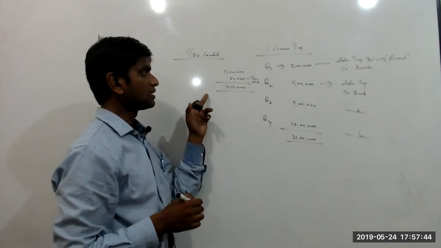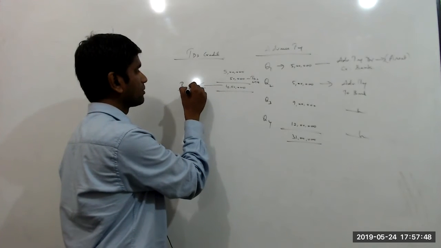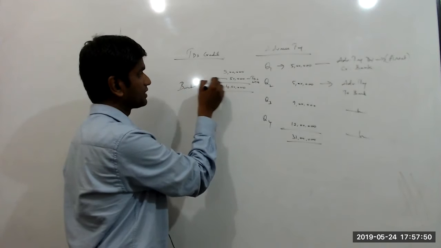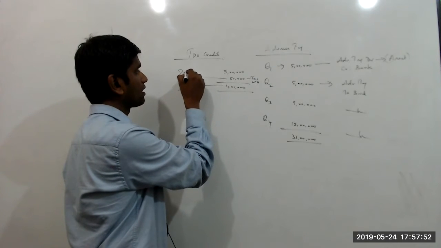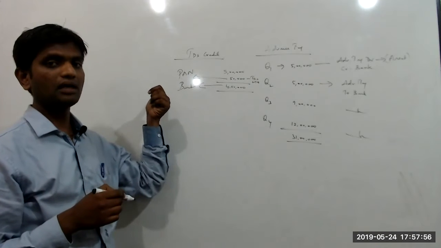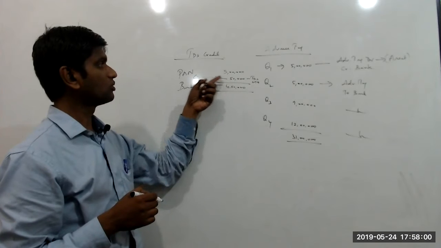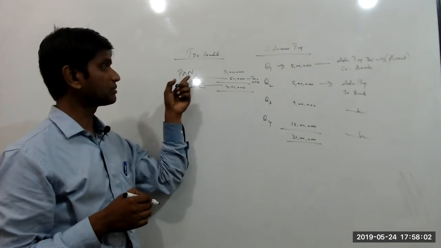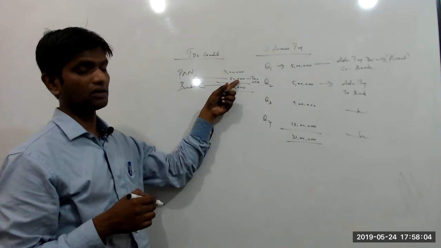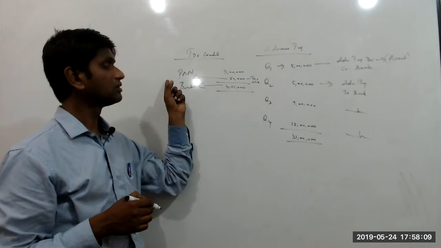So in this case, the vendor is receiving 4,50,000 to his bank account, as well as 50,000 to his PAN account, which is the permanent account number, the account number assigned by the income tax department. So this amount goes to the PAN account. That means the customer is supposed to deposit this 50,000, which is deducted at the time of payment, to the PAN account.